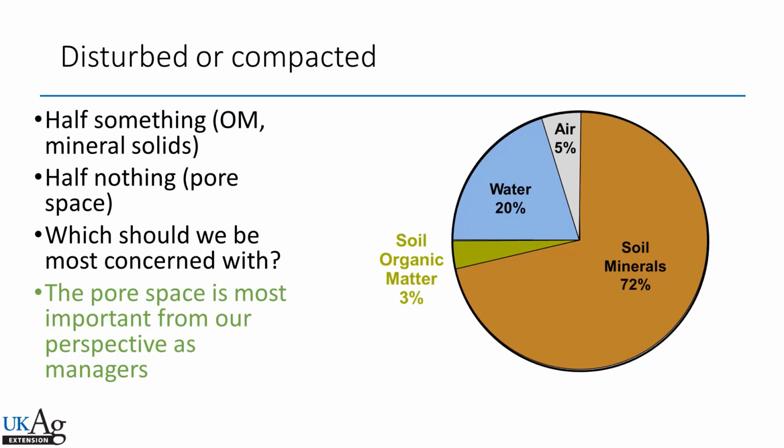I think a lot of people are surprised to find out that pore space is the most important part from our perspective as soil managers, because when we compact a soil, if we look at this figure here, we see that if we compact a soil, we run over it with heavy equipment when it's wet, we basically squeeze out that air. And then there's less pore space for air, which is essential for root respiration and for nutrient exchange.